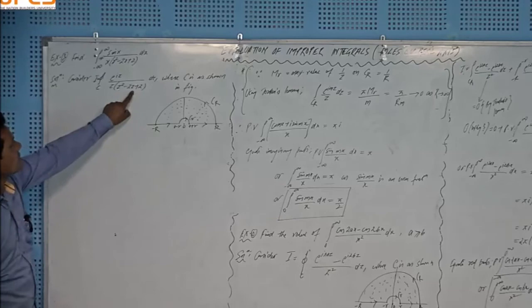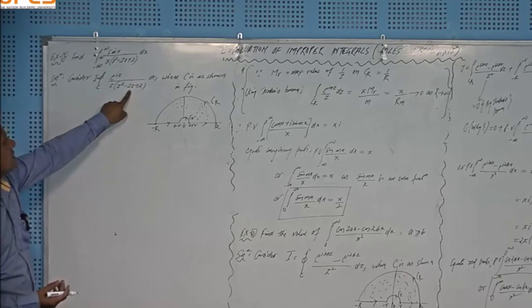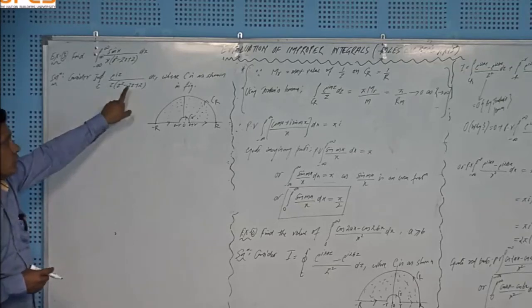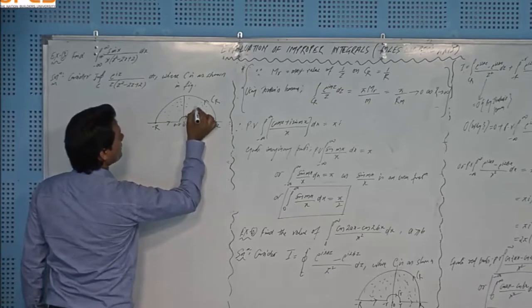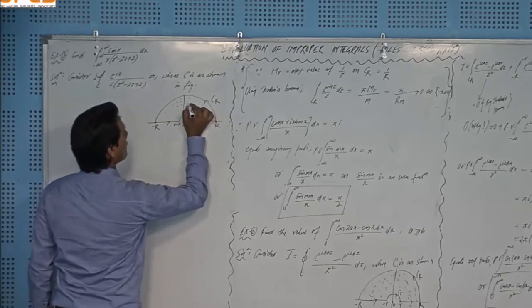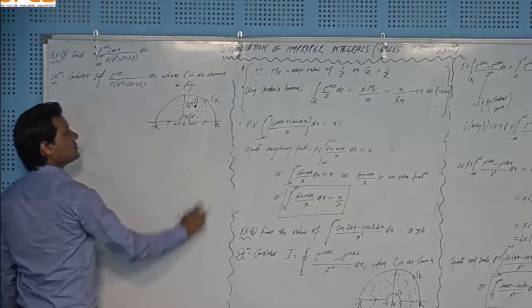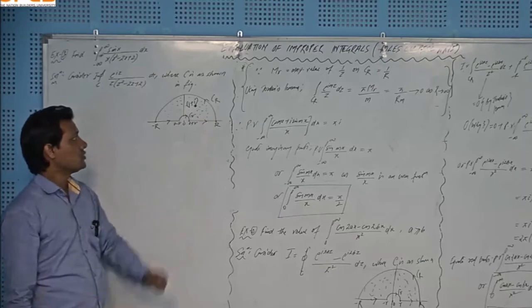If you equate this equal to 0, you will get 2 plus minus square root of 4 minus 8, that will be ultimately 2, okay, that will be cancelled. So 1 plus minus iota, and 1 plus iota will lie here. I will put a big dot here, 1 plus iota, right? And 1 minus iota will be in the fourth quadrant, but that is not inside our domain, right?